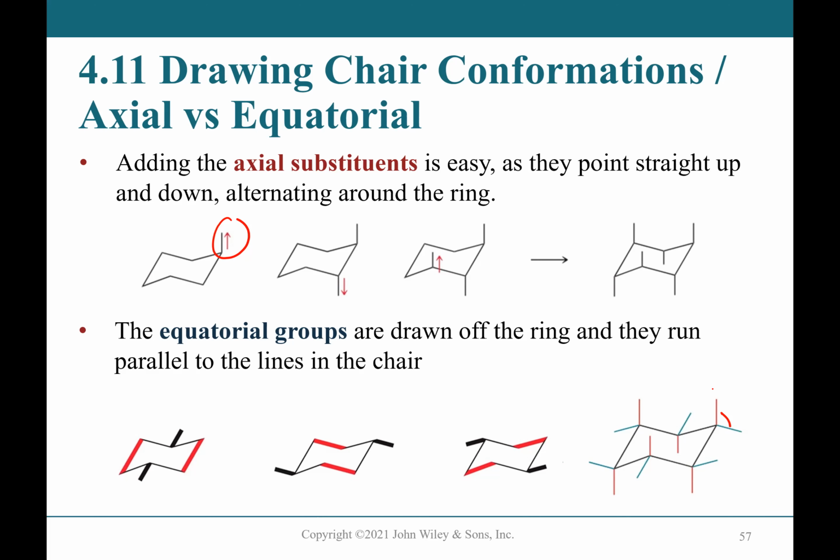So if this was just cyclohexane, all these would be hydrogens. And the equatorial ones are shown in, this looks like a bluish green color to me. And the axial ones are shown in red.